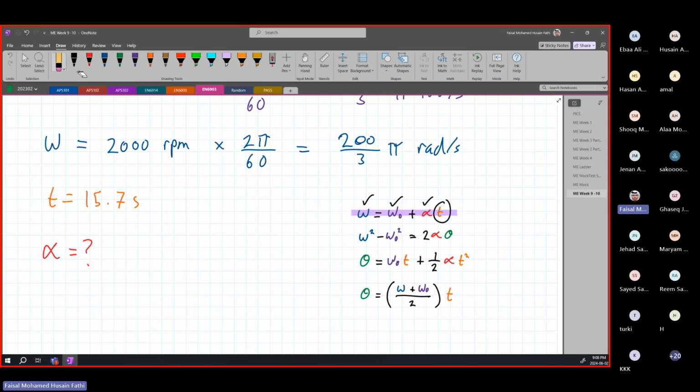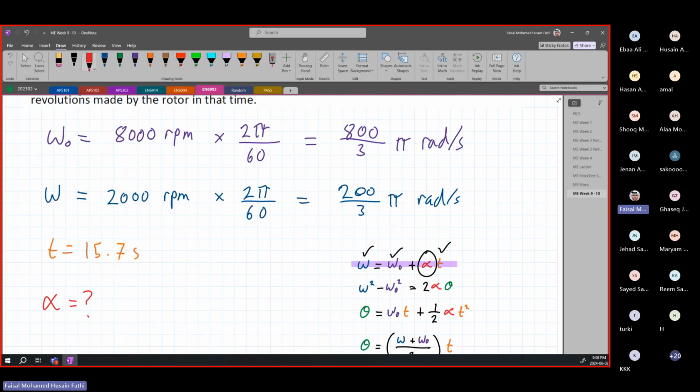We can use the first equation again. Now we have the time, but we do not have alpha. So omega, again, make sure everything is in radians per second. So it is going to be final omega, which is 200 over 3 pi, is equal to initial, which is 800 over 3 pi, of course, plus alpha, which we need to find, times the time, which is 15.7.